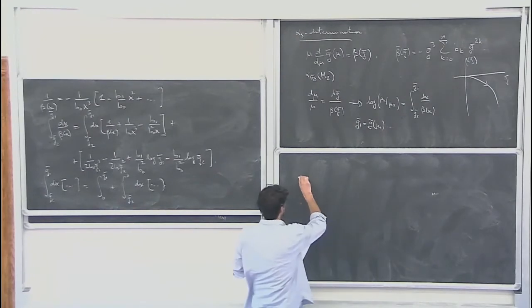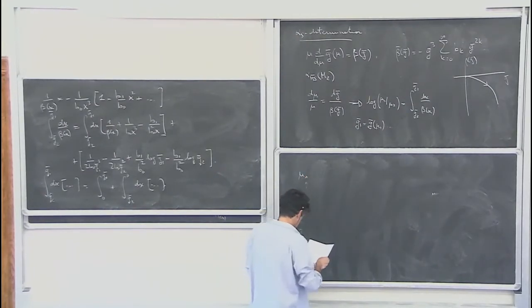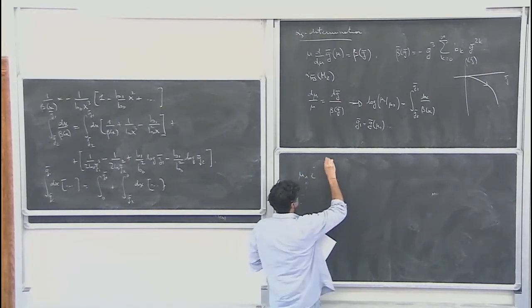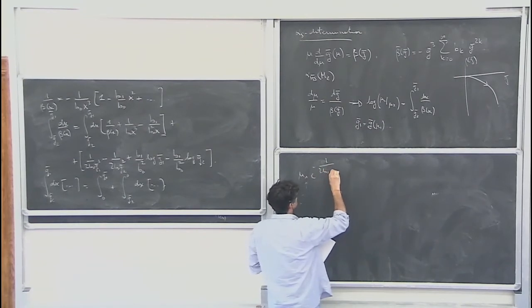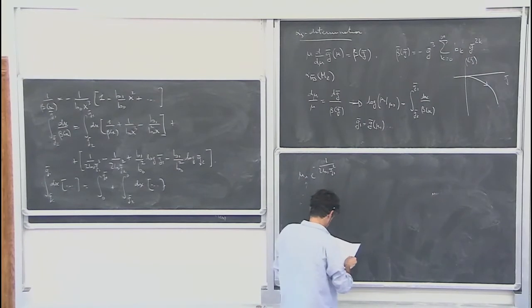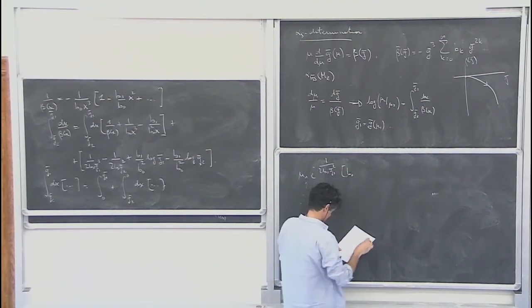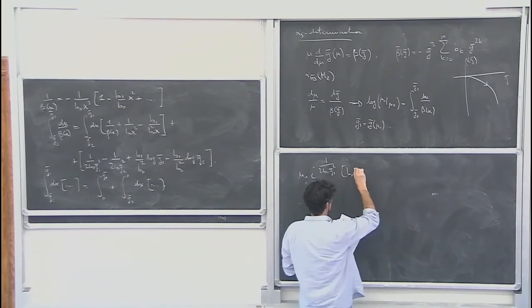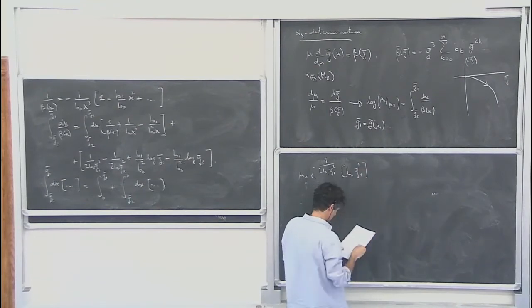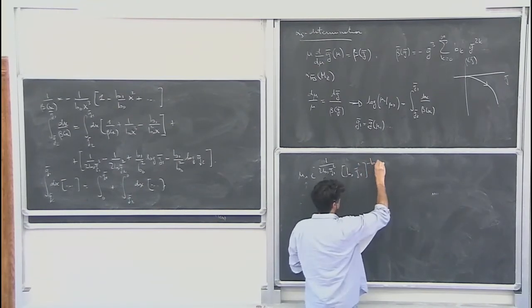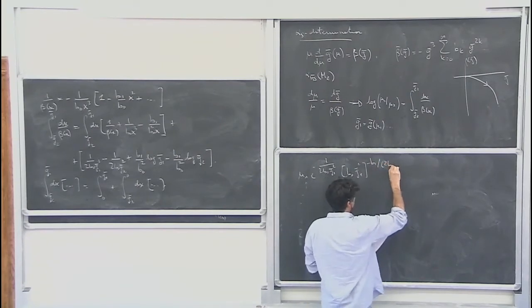What we find is the following. I'm going to write it explicitly. Minus 1 over 2 b1 g1 bar squared times b0 g1 bar squared to the power minus b1 over 2 b0 squared.